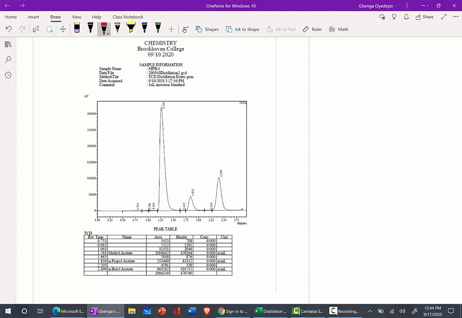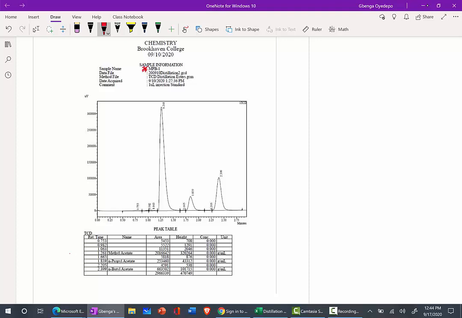Let us take a look at standard number 1, MPB-1. On this chromatogram, we have 3 peaks, which would correspond to 3 components in the mixture.